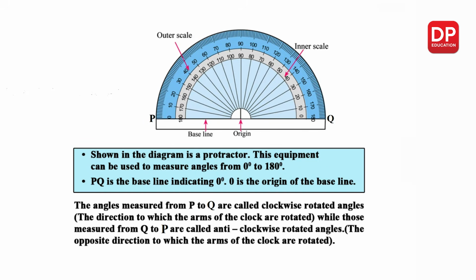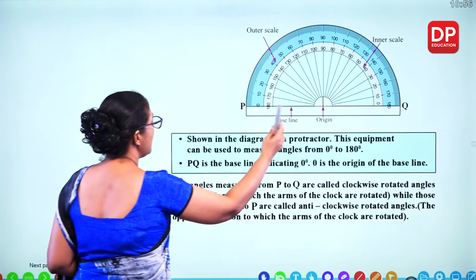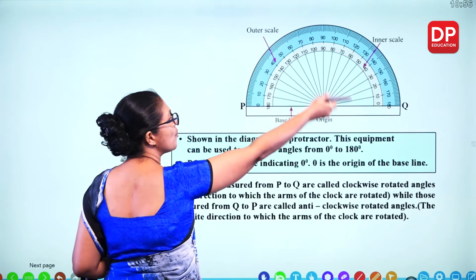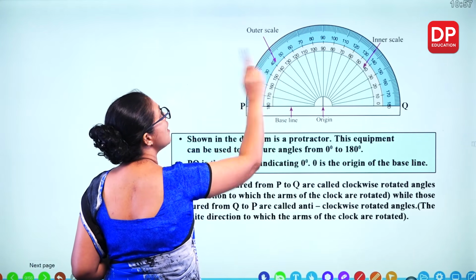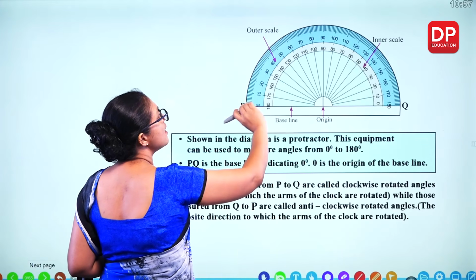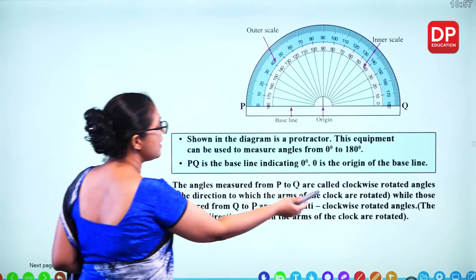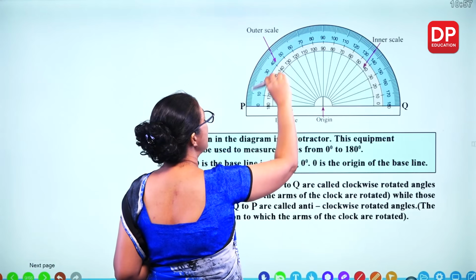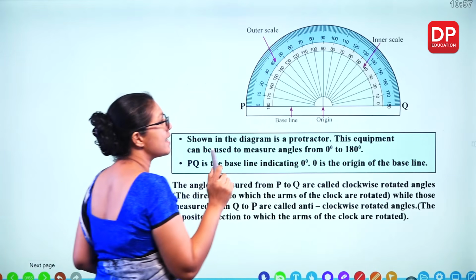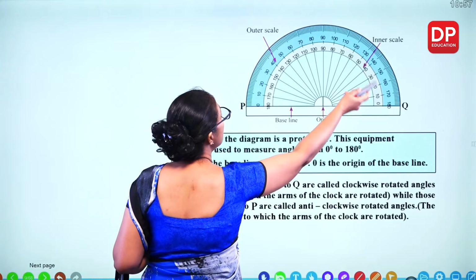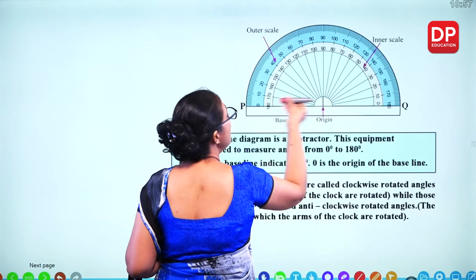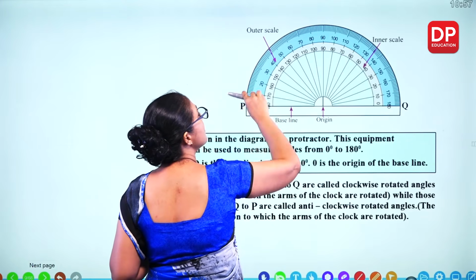Look at this diagram as well. So PQ is the baseline and origin here. So P to Q, we measure the angles using outer scale, clockwise direction, and Q to P, we are measuring the angle anti-clockwise with PQ baseline.